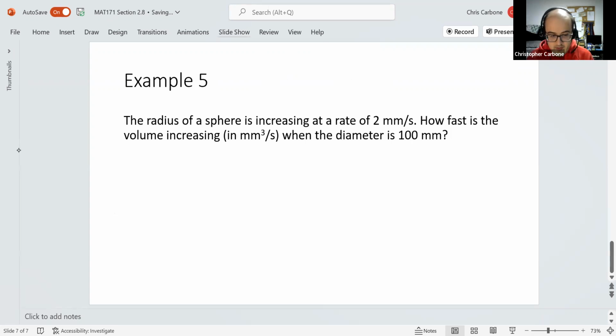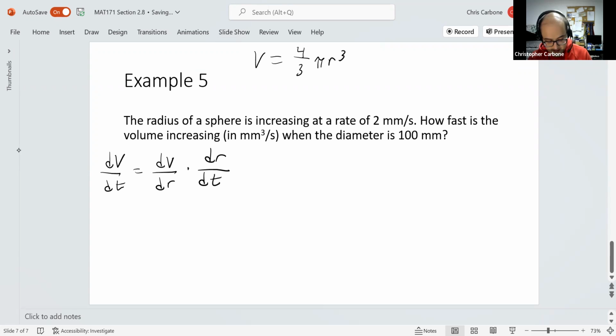And then finally, example 5. The radius of a sphere is increasing at a rate of 2 millimeters per second. How fast is the volume increasing in cubic millimeters per second when the diameter is 100 millimeters? The volume formula is 4/3 times pi r cubed. The derivative of the volume with respect to time is the derivative of the volume with respect to the radius times the derivative of the radius with respect to time.